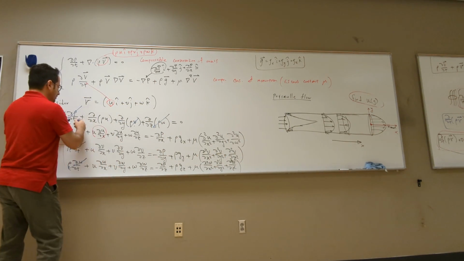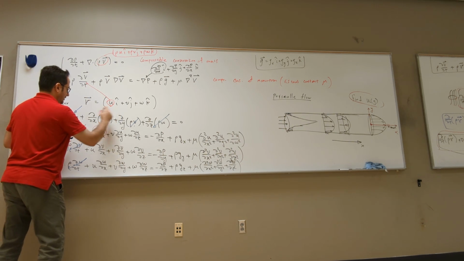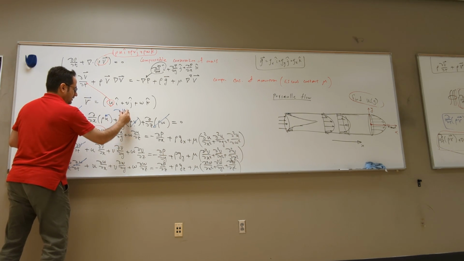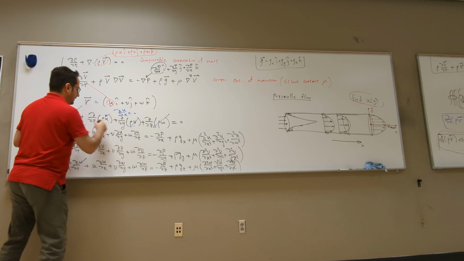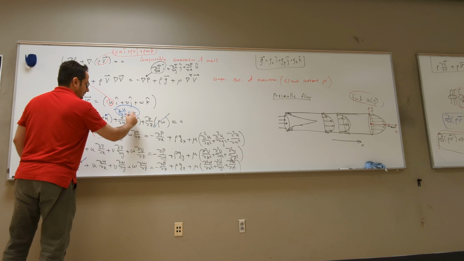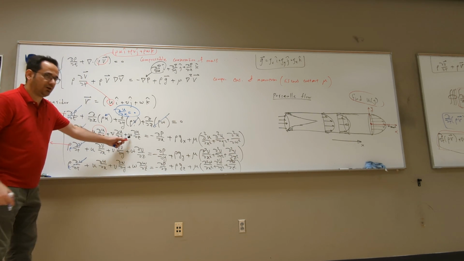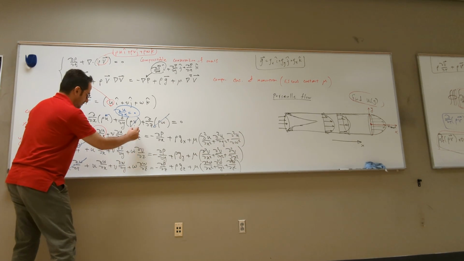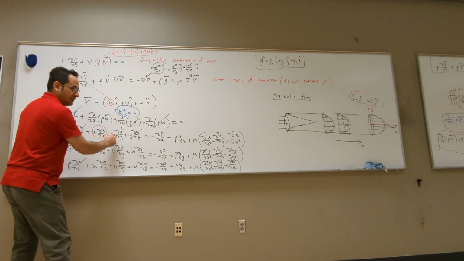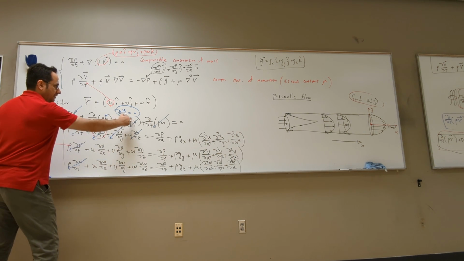So from this equation, you get what? This is also rho. This is equal to 0, right? So if this is 0 from this equation, come here. What about this term? Do I have omega? No. Do I have v? No. This term is also 0 from the continuity equation.